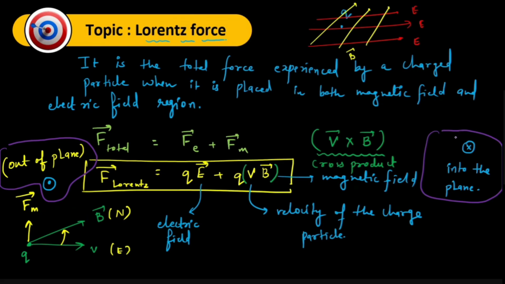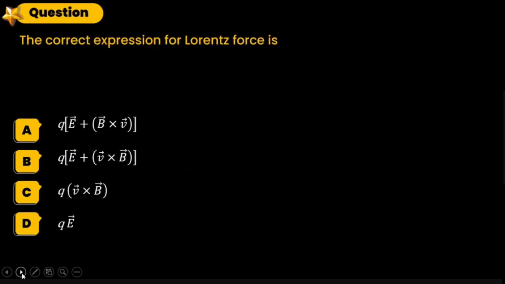That is how you can define Lorentz force: the sum of total force experienced by the charged particle placed in electric field as well as magnetic field. So what should be the correct expression for Lorentz force?